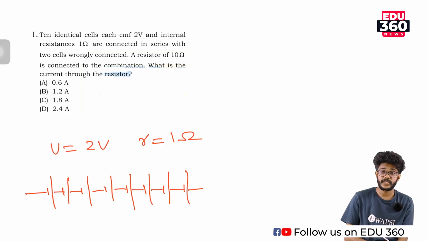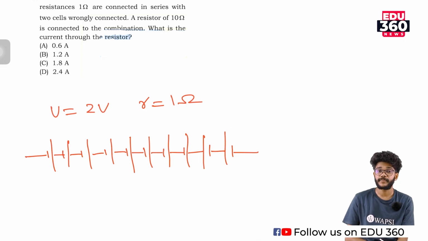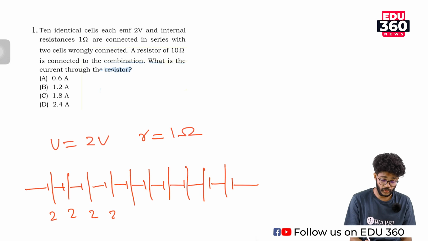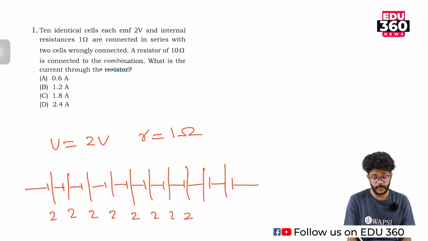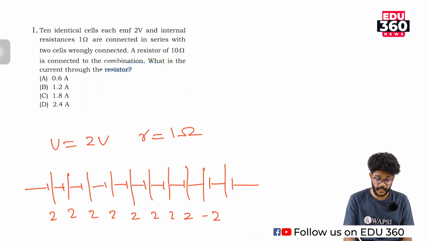That means just opposite to the actually connected series: positive connected to positive, negative to negative. So what will be the effective potential? Each battery has 2 volt potential, and the reversed one gives minus 2.